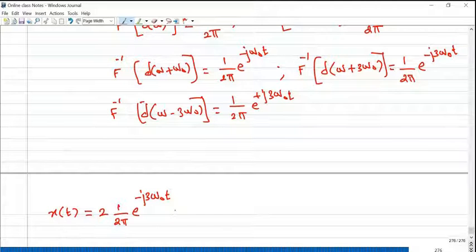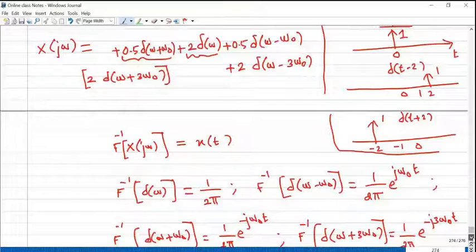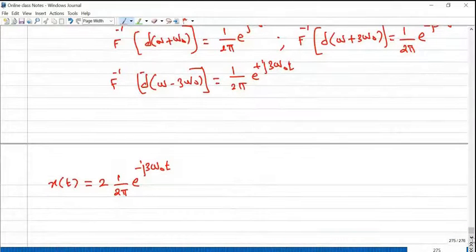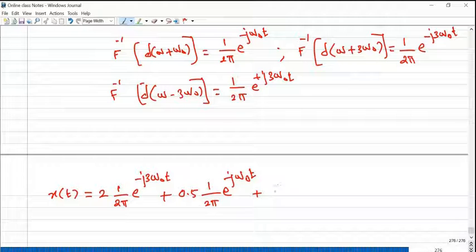Okay. Next, 0.5 del of omega plus omega naught. 0.5 is a constant. So plus 0.5. Okay. Del of omega plus omega naught, the inverse transform is 1 divided by 2 pi e power minus j omega naught t. What is the next component? 2 del of omega.